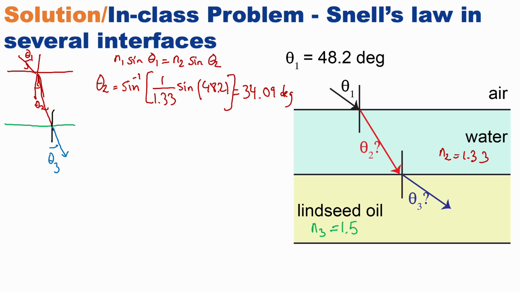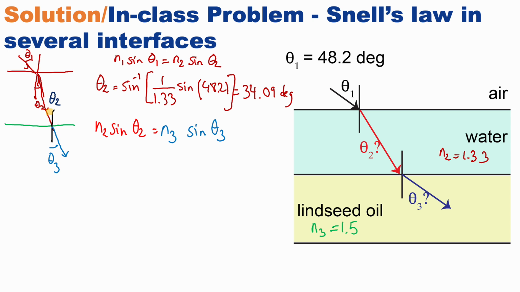So this angle right here, that angle becomes again θ2 because it's the same angle with respect to the normal. So in the second interface, we have n2 sine of θ2 that's gonna be equal to the refractive index of the oil sine θ3.